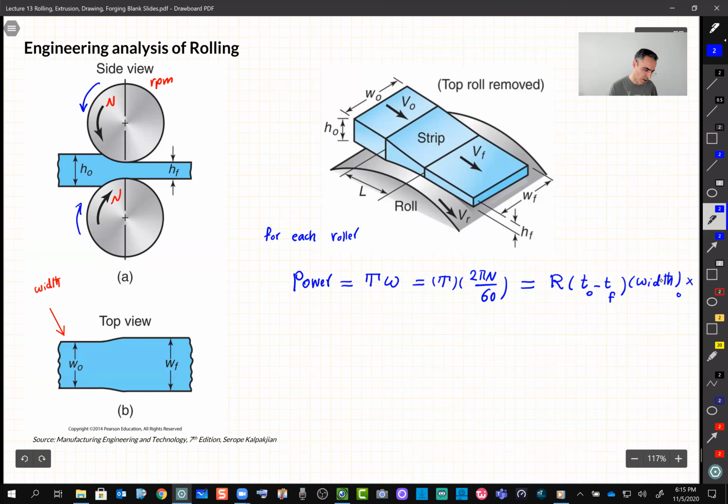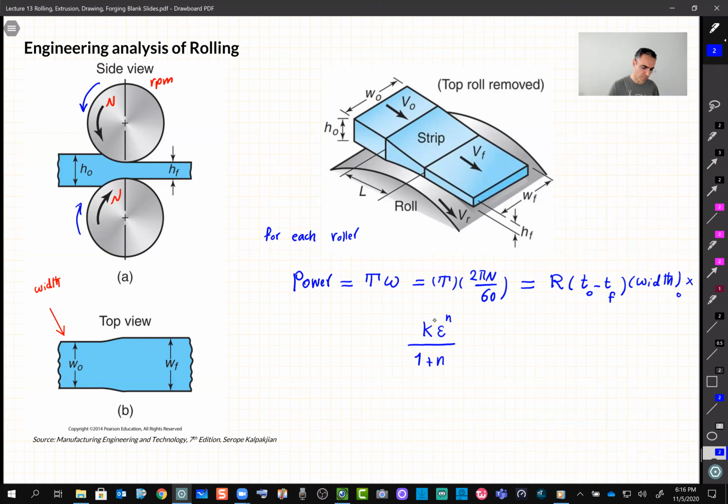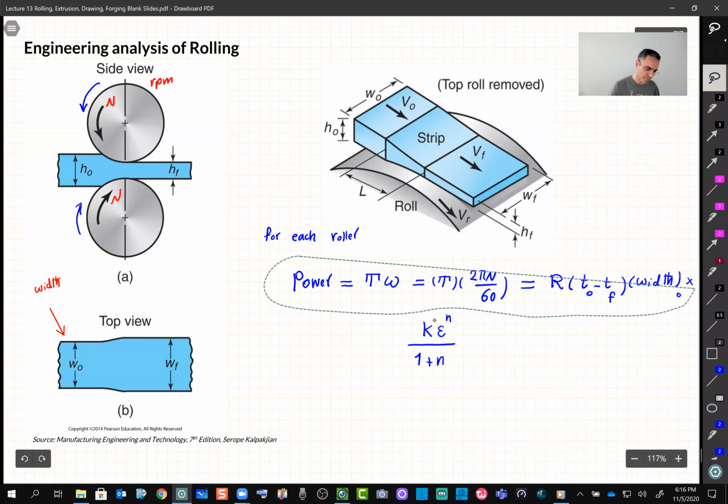Here is where it gets ugly. Multiply it by K epsilon to power of N, which now looks familiar, right? K is the strength coefficient, epsilon is the true strain, and N is the strain hardening, divided by 1 plus N. Okay, so the whole things, let me move it there so you don't get confused.